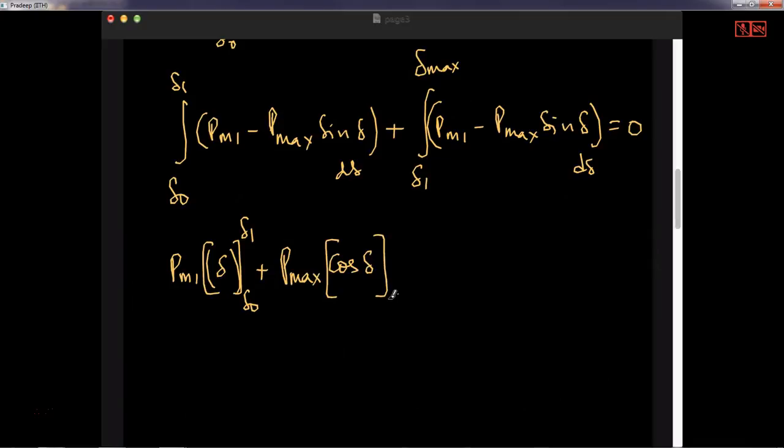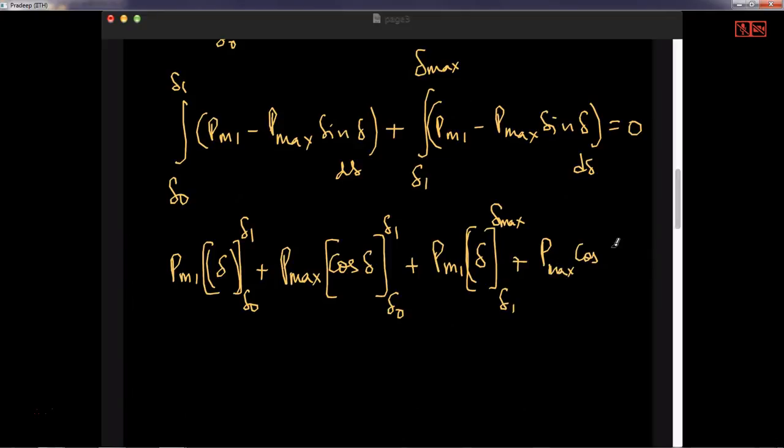This is delta naught to delta 1. Here I'll get Pm1 into delta, from delta 1 to delta max, and then this will again become plus P max cos delta, again with limits delta 1 to delta max. This all should be equal to 0.